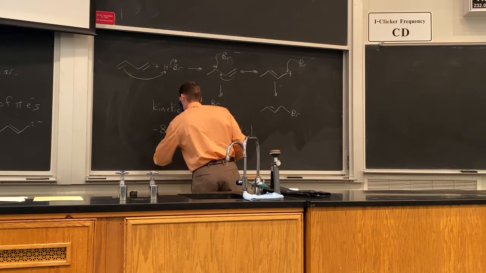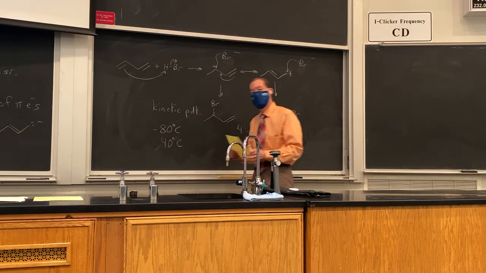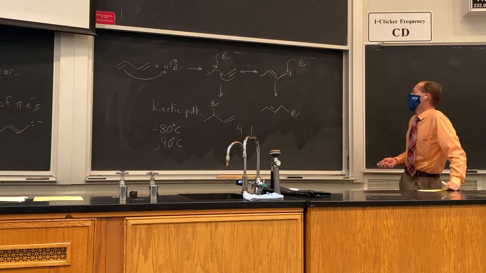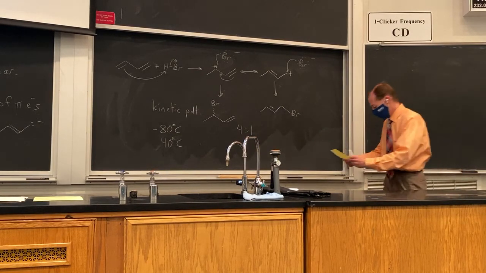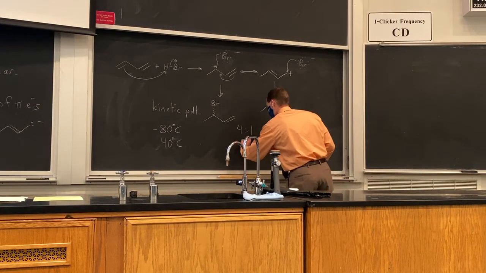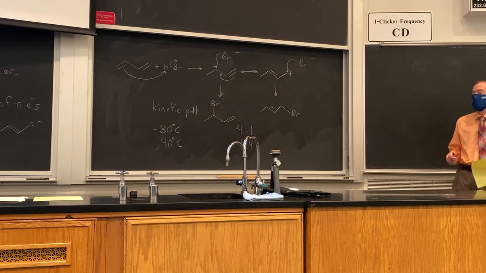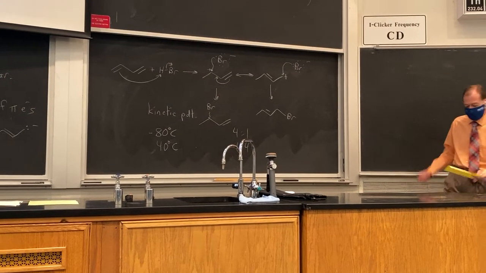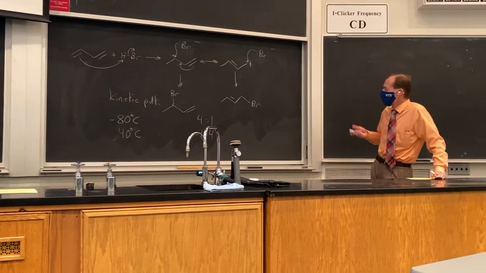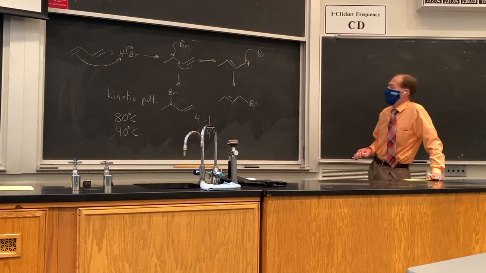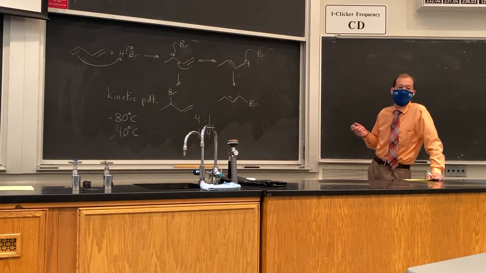However, if we warm the reaction mixture up above room temperature, 40 degrees Celsius is above room temperature, this ratio inverts. We end up with a 1-to-4 ratio. And the 1,4 addition product is the major product. If you've looked at the structures of these two products, you may have recognized that the 1,4 addition product is more stable.